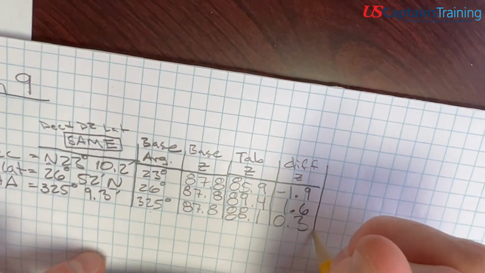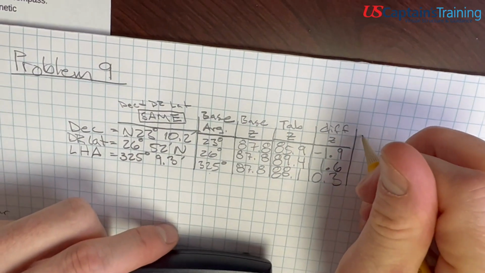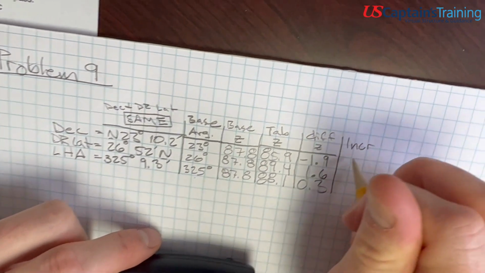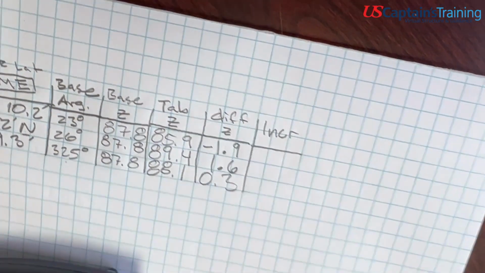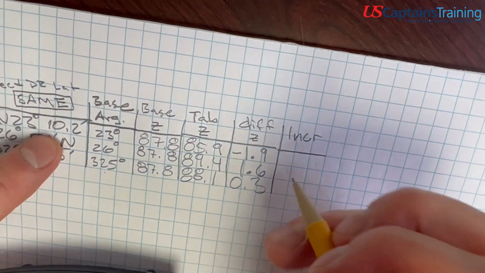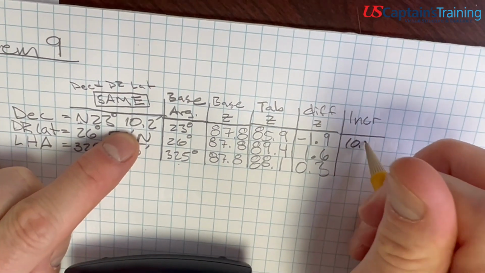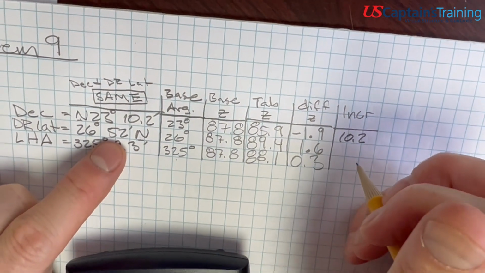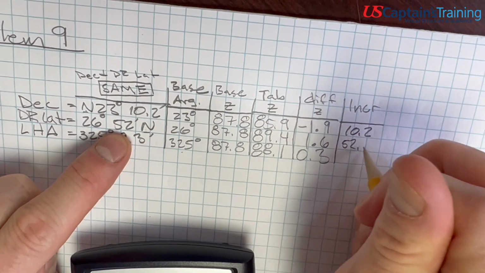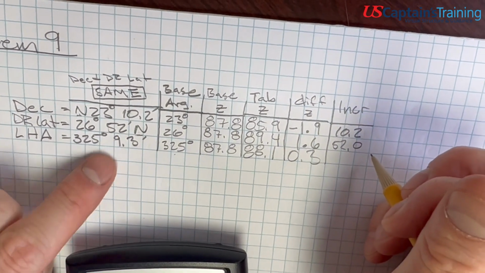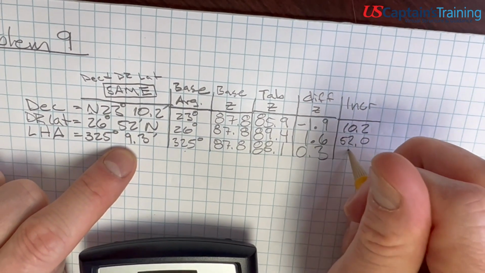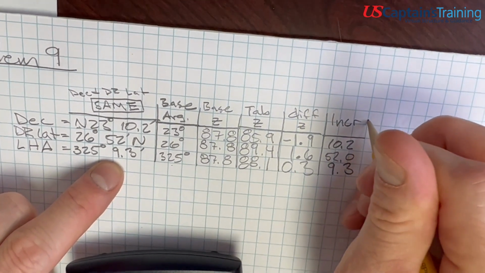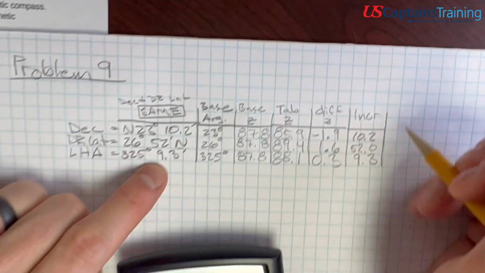Now we have the increments here. We're going to need those. Increments are just the minutes. So 10.2 for the declination, 52.0 for the DRLAT, and 9.3 for the LHA.